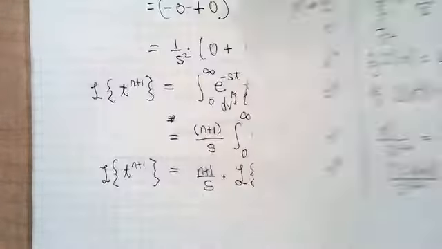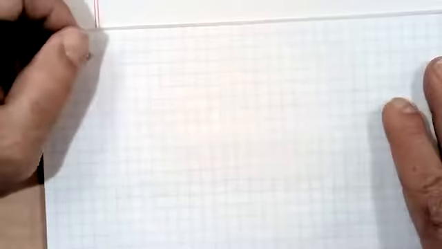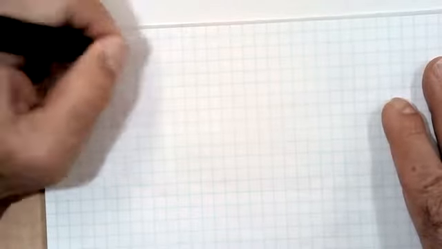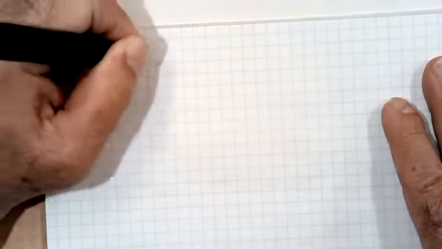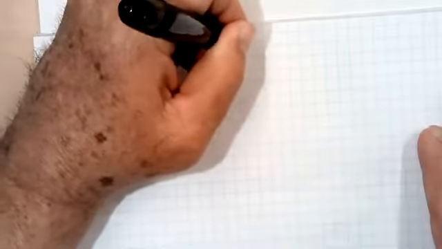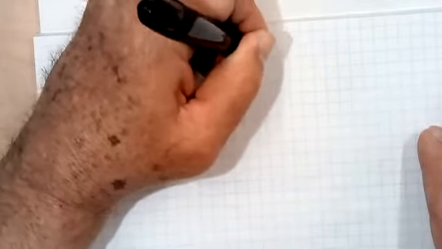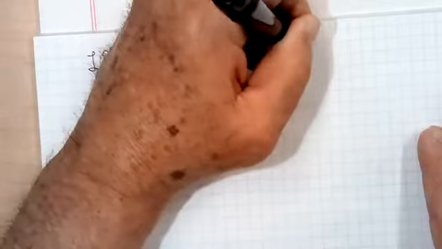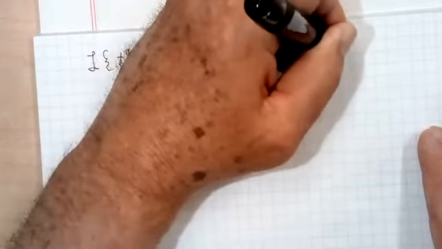So let's give it a try. We will compute one more of these powers of t. So let's get the Laplace transform of t to the a. So now we're thinking of a as being positive, and a is any real number, not necessarily an integer.